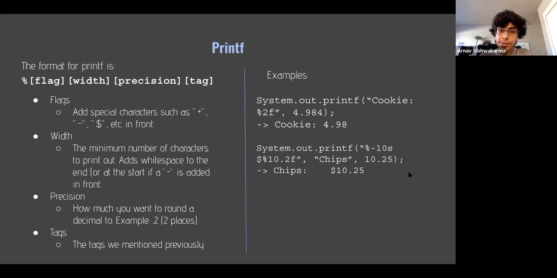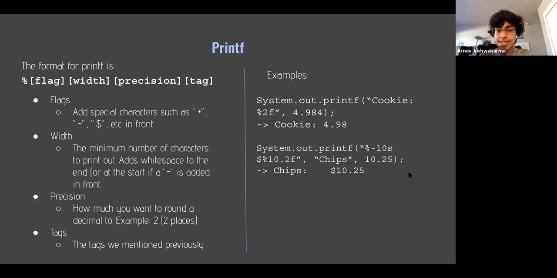In the second example, we print out a format with %-10s, the dollar sign, and then %10.2f. The first thing is a string where we have a minimum of 10 characters.